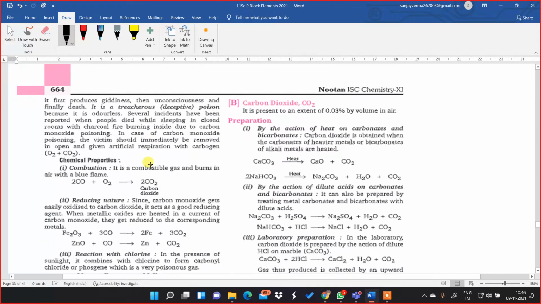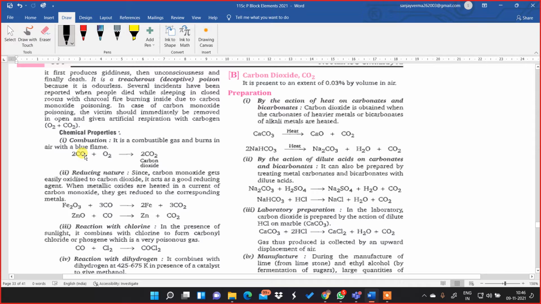Coming to the chemical properties of carbon monoxide, only the reducing nature, nothing more than that, is in the syllabus. Under reducing nature, carbon monoxide gets easily oxidized to carbon dioxide, but it acts as a good reducing agent.